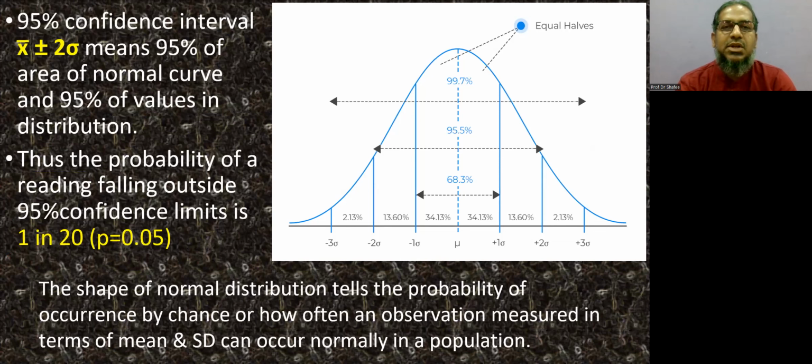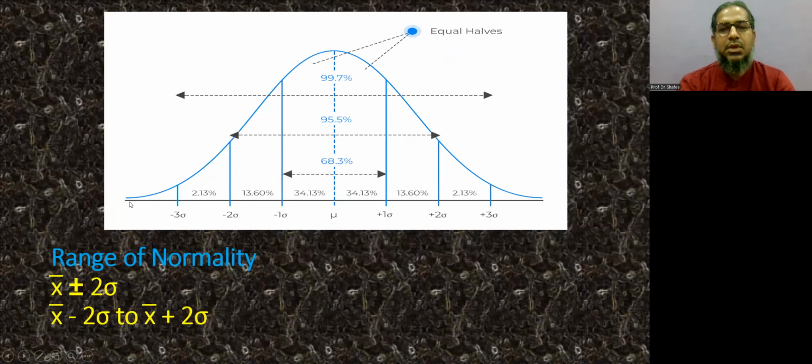The shape of the normal distribution tells the probability of occurrence by chance, or how often an observation measured in terms of mean and standard deviation can occur normally in a population. These are all based on the normal distribution.